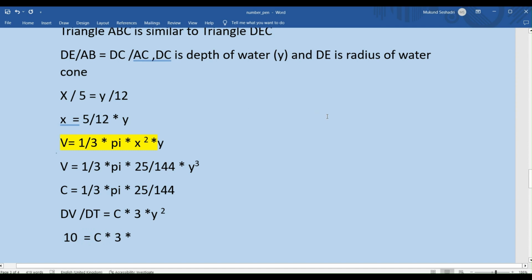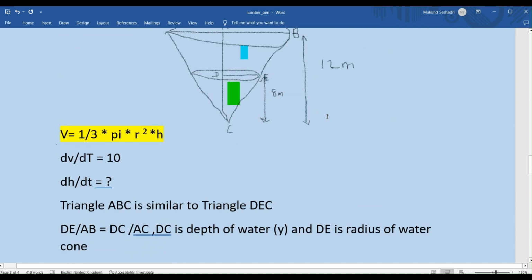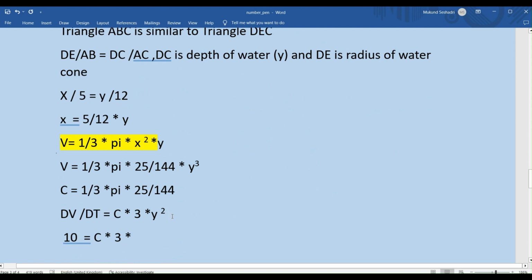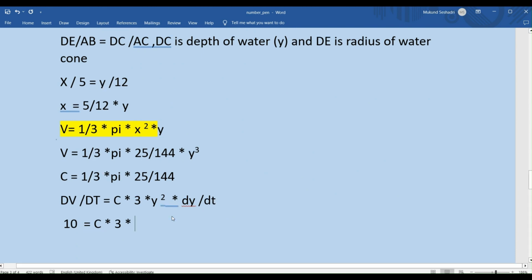So we've been asked to find when y equals 8. Here you have dy by dt, right? When y equals 8, y square is 64.